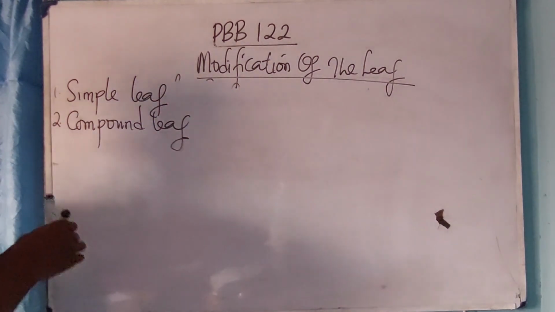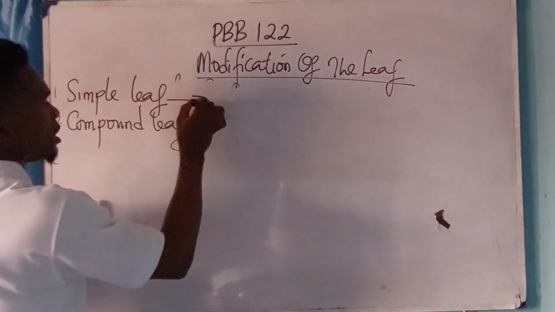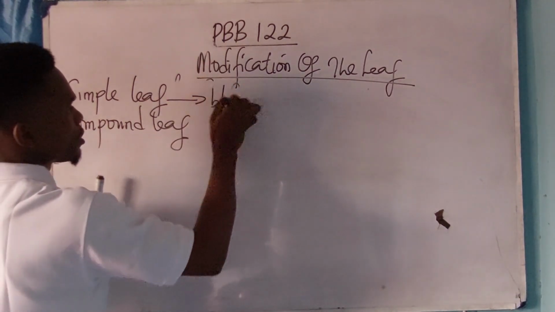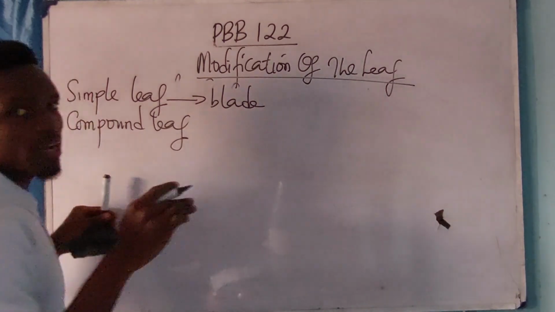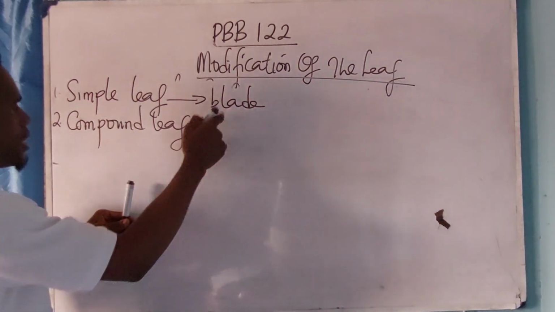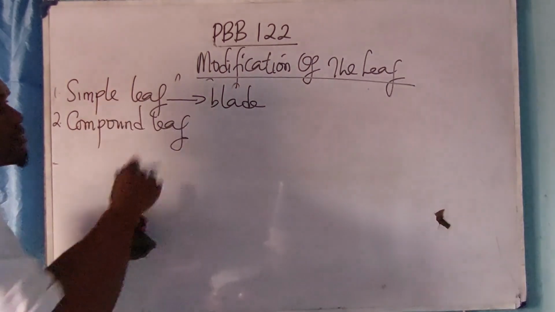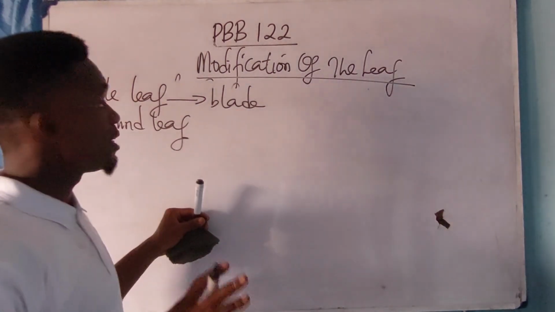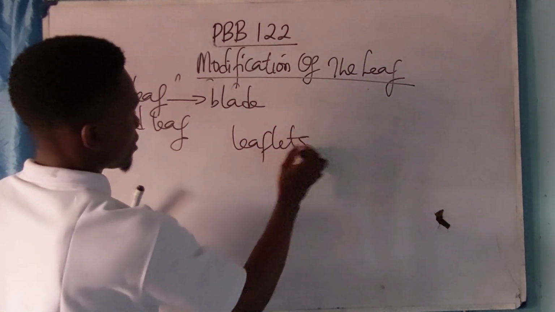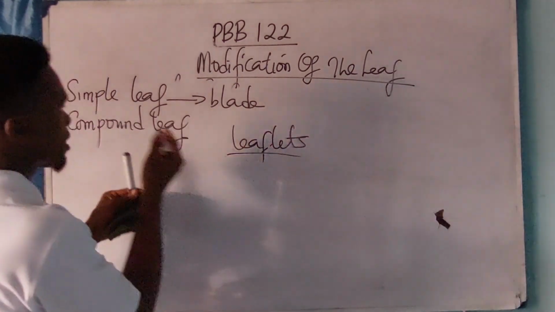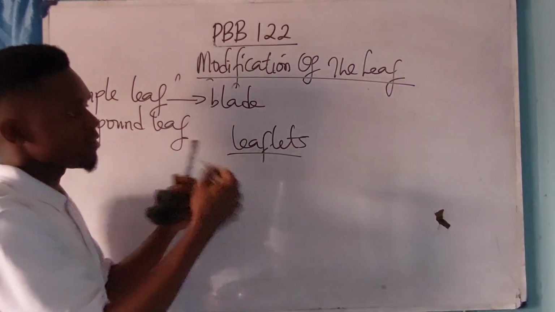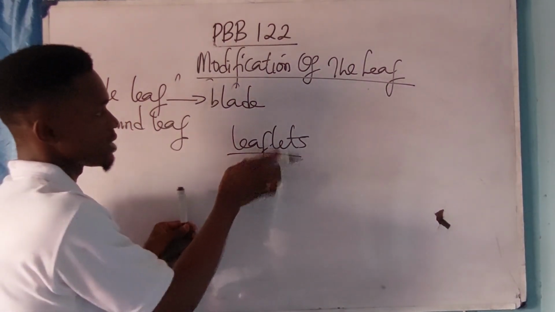Now the simple leaf is a type of leaf that possesses a blade that is not divided into different leaflets. That is, the blade that the leaf possesses is not divided into different leaflets.